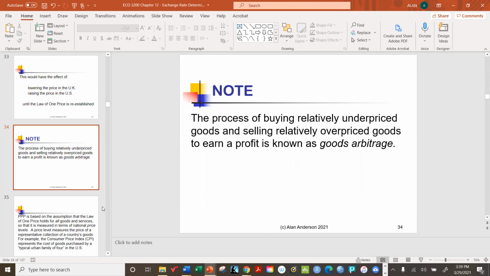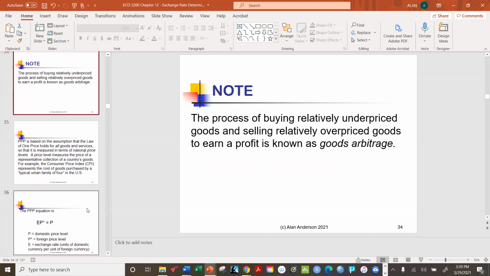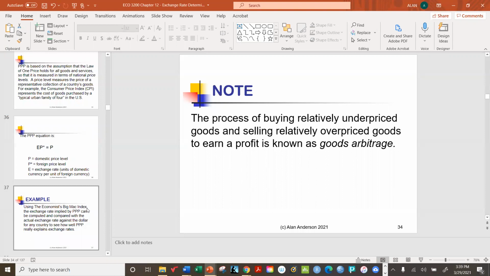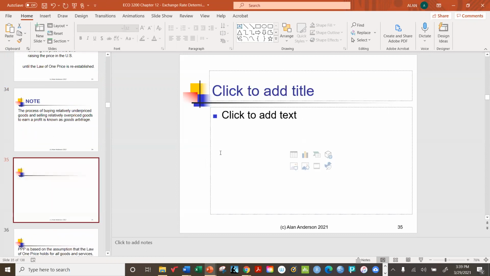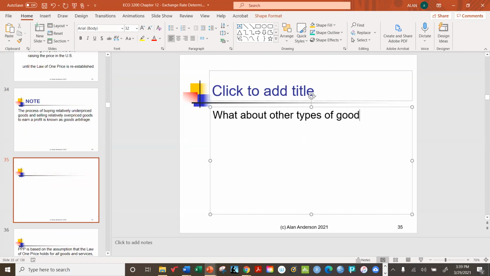But how about other goods and services? Let's try this. What about other types of goods? Suppose now, and I'm picking this good on purpose, there's a reason for this.